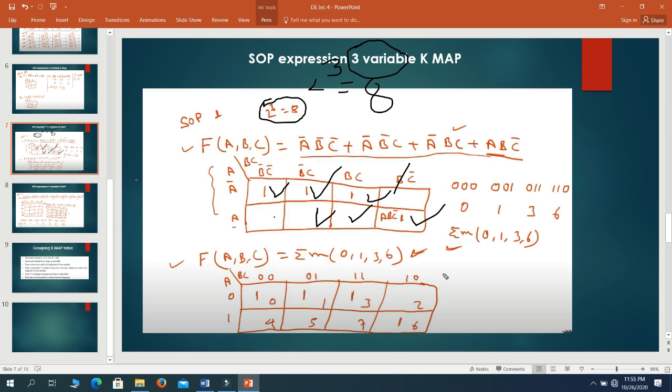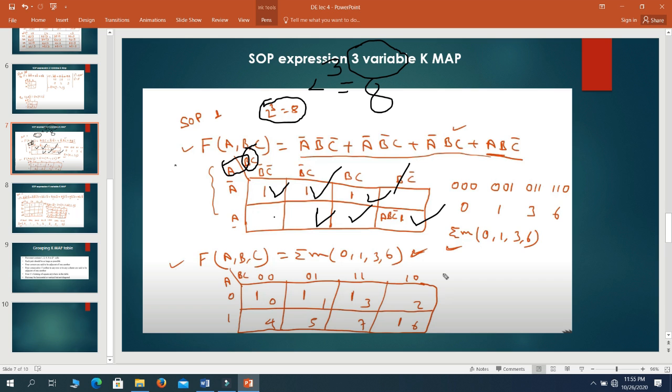As you can see, in the left hand corner we have written A, and in the right hand corner I have written the other two variables, BC. BC are combined together, as we have 3 variables in total. One variable is left out in the left hand corner, and the other 2 variables are merged together in this format.